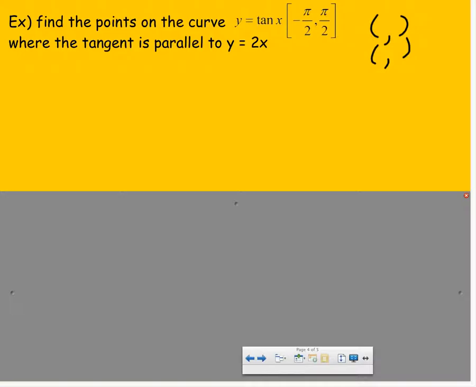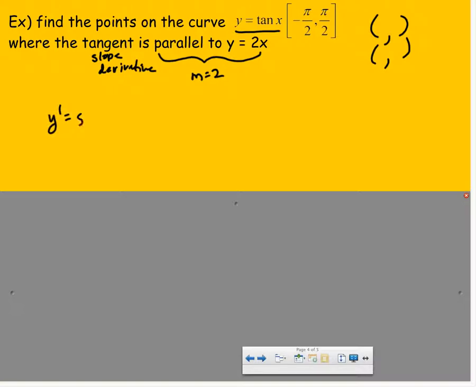What does parallel to y equals 2x mean? Parallel to y equals 2x means it has the same slope as y equals 2x, which means our slope has to equal 2. Well, that's interesting because isn't tangent also slope or derivative? So, holy cow, doesn't that mean that the derivative has to equal 2? The derivative of what? Our function. So, let's find the derivative.